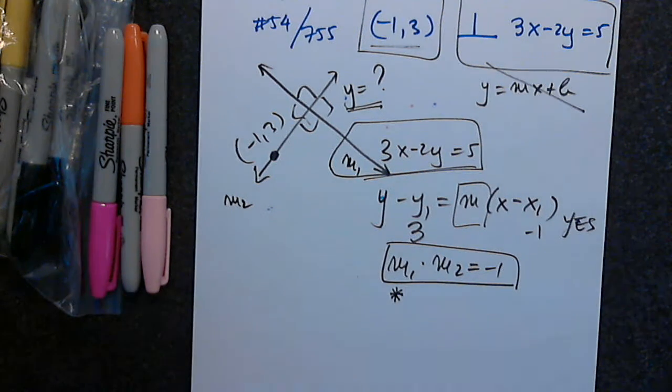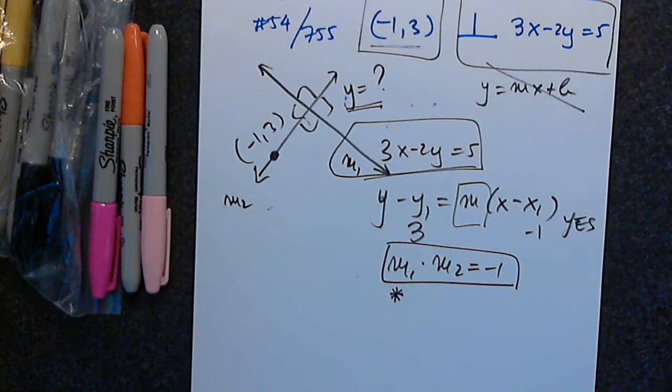What did we do last time in order to determine the slope of a line? We had an example last time towards the end of the class. What did we have to do? What did we say? We have to do this in order to determine the slope. And what is that this that I'm referring to? Solve for y.